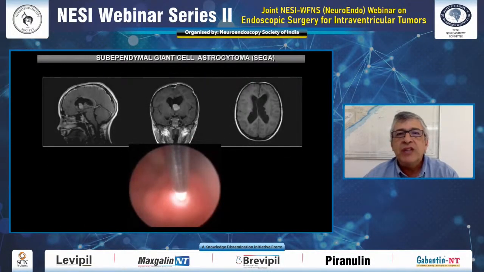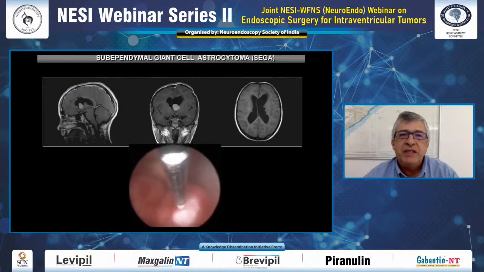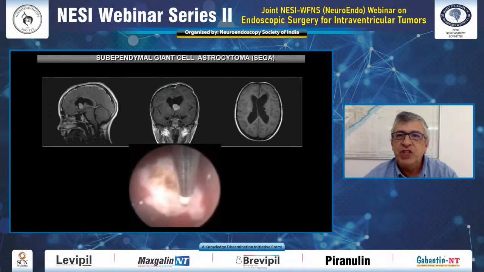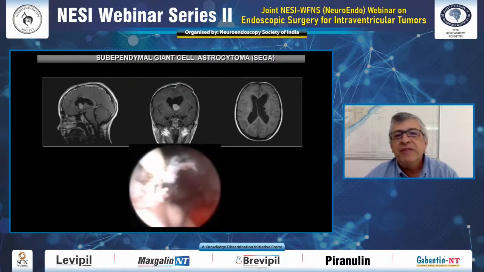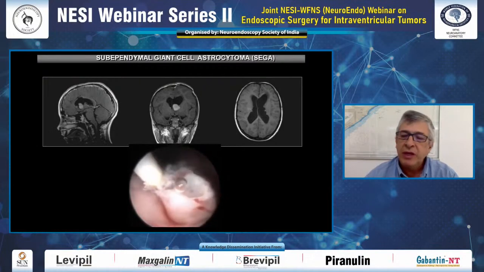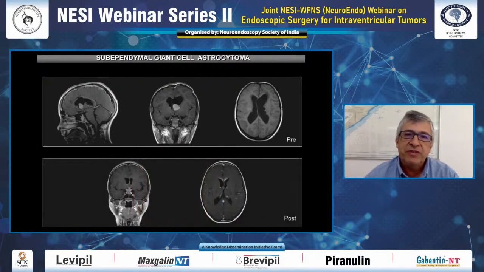Some intraventricular tumors derived from the ependyma are the SEGA, in Bourneville disease. You can vaporize it with a VersaPoint machine, vaporizing the lesion inside the tumor, then follow up with septoscopy to control the lesion.